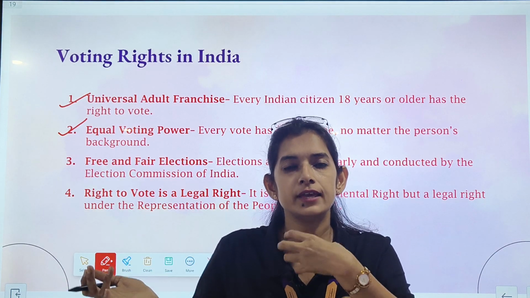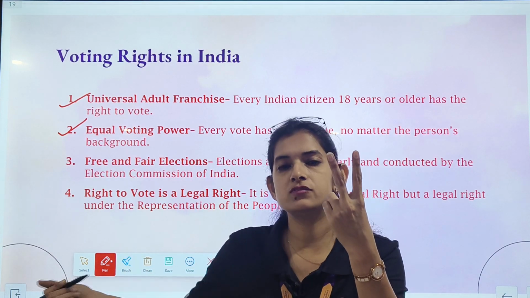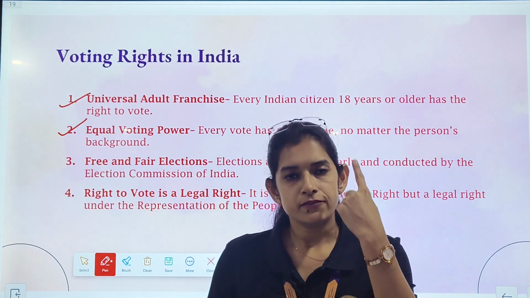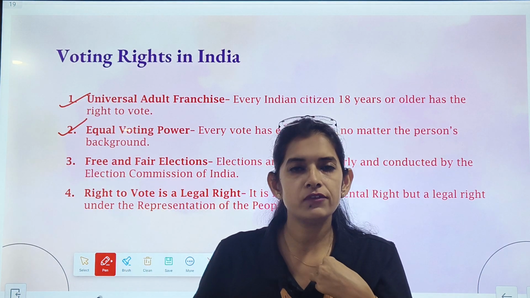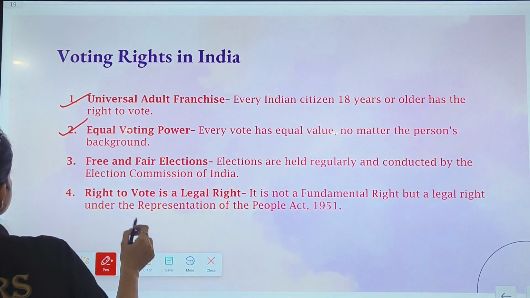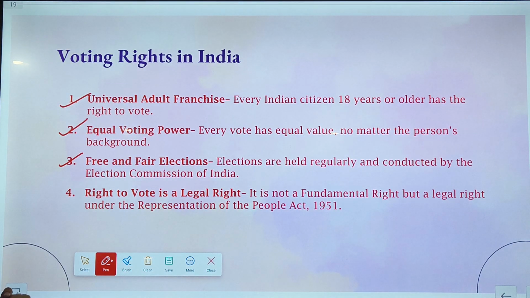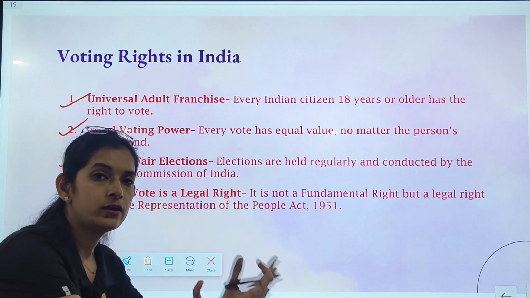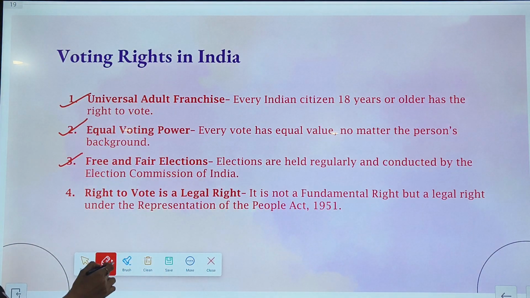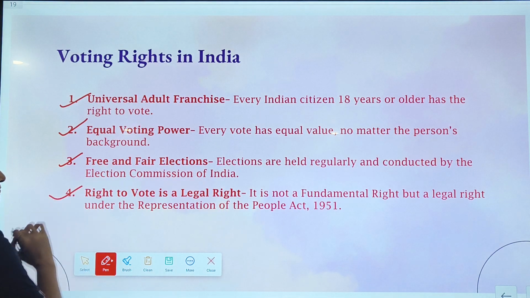It is not so that my vote would be counted as 2 and his vote as 1. Clear? Next, free and fair elections should be held on a regular basis. No false measures should be adopted in the voting process, in the election process.